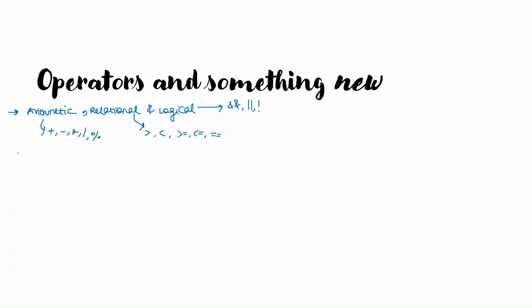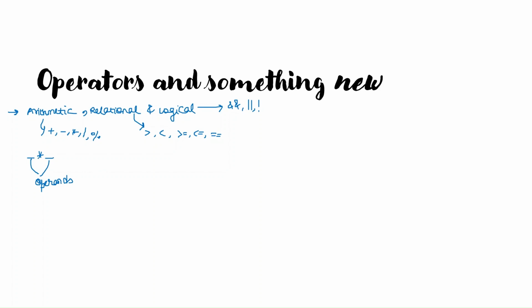Apart from this, there is one point. Whatever you use with these operators, okay, let's say there is something and then I need to multiply and then there is some other variable. These particular variables are called operands.